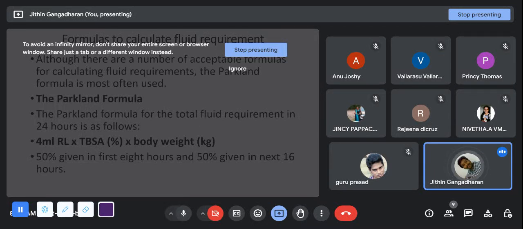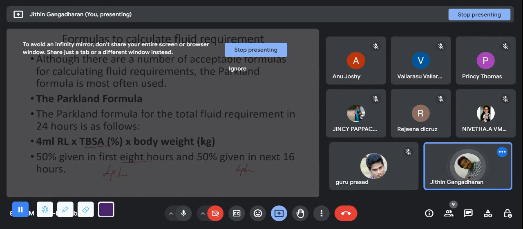In this 8 liters of fluid, 50 percent should be given in the first 8 hours, which means 4 liters of ringer lactate infused in the first 8 hours, and the remaining 4 liters in the next 16 hours. This is how we calculate the Parkland formula: 4 ml ringer lactate into TBSA, the total body surface area.